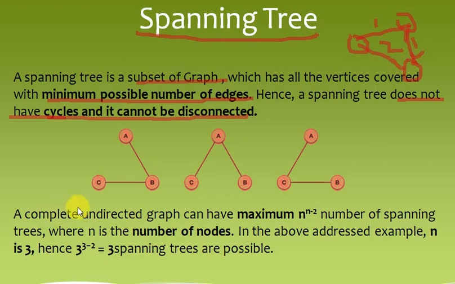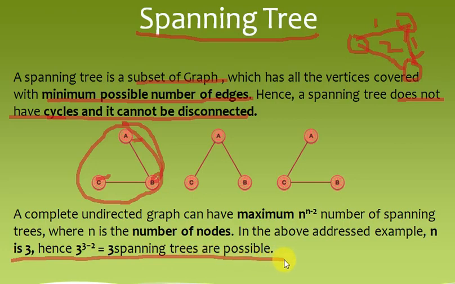Okay, for example, here we have A, B and C. We have 3 nodes, so the minimum edges required are 2, so we connected it with 2. If we are having 3 vertices, if we are having 3 objects, then how many spanning trees can we create?